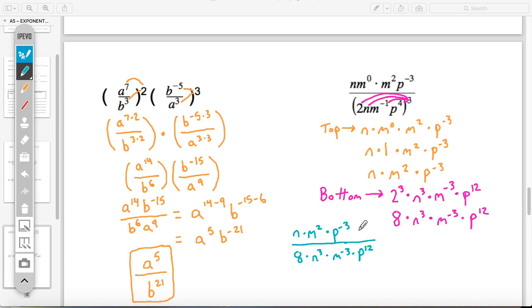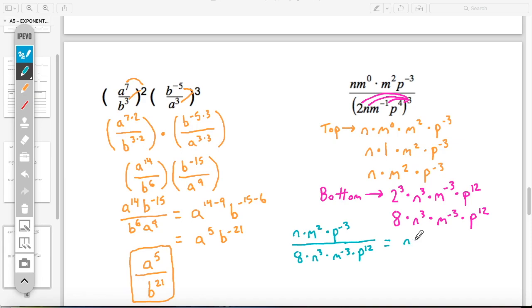Okay, so what I'll do here, I will keep my expressions where they are, unless they have a negative. Then I'll cross the line and switch the sign. So this p to the negative 3rd power has to come to the bottom, and this m to the negative 3rd power has to go to the top.